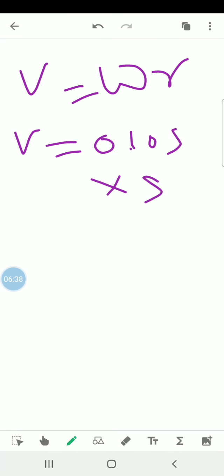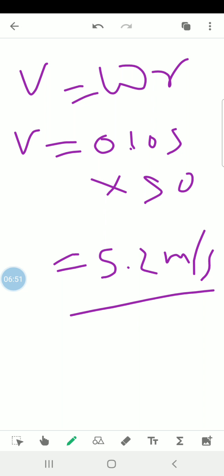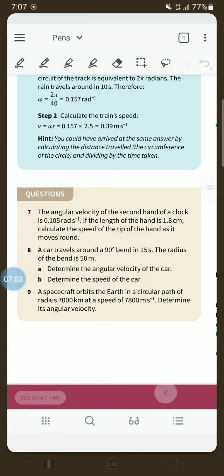So 0.105 multiplied by 50 is 5.2 meters per second. If it is difficult for you to do it with your mind, please use the calculator, then you will get the answer, 5.2 meters per second. So that is question number 8.